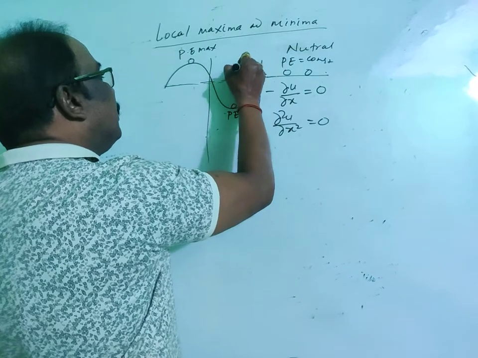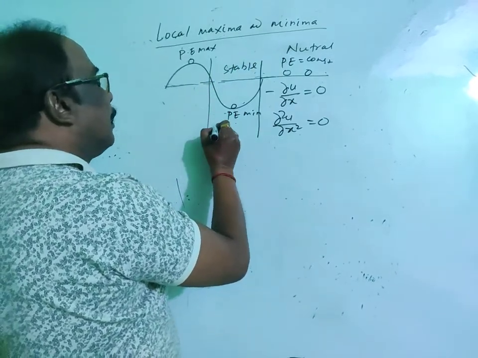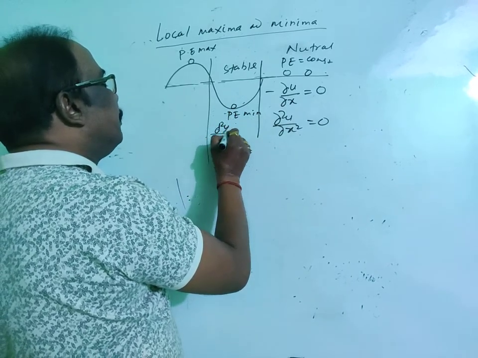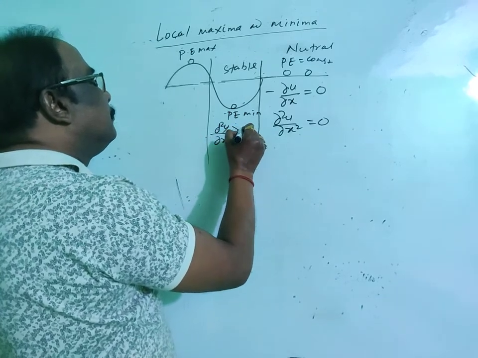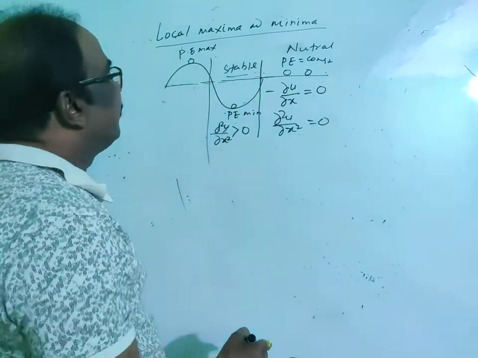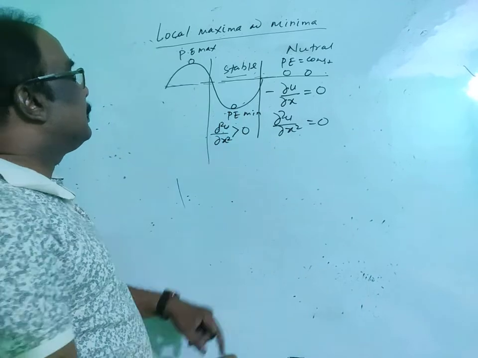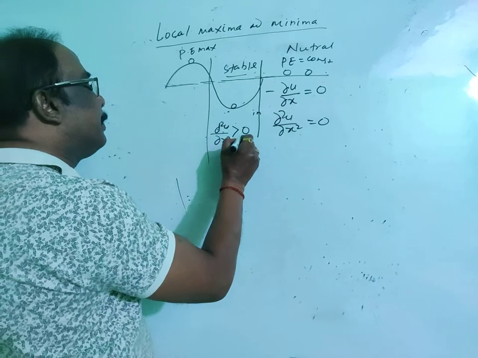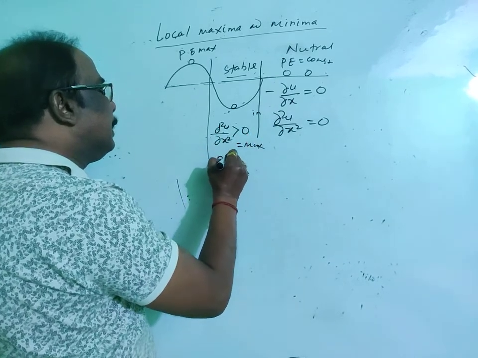This is stable. Potential energy is minimum, so d square u by dx square is greater than 0. So this is the condition of stable equilibrium. Or you may write it like this: d square u by dx square if greater than 0, then potential energy is minimum.